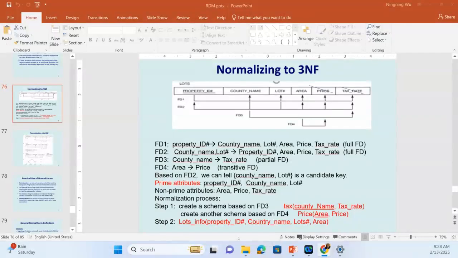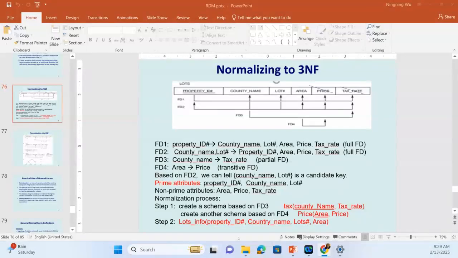Maybe that's much easier to understand. So no non-prime attribute is dependent on the partial key. That's basically the requirement. In other words, we require that every non-prime attribute must depend on the whole key. Okay, so that's the requirement.